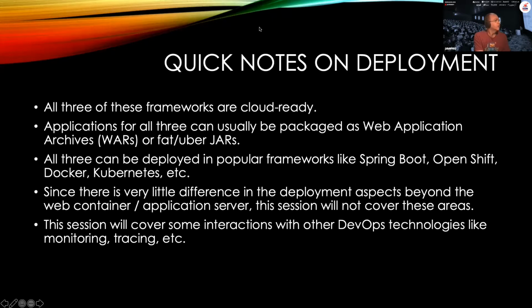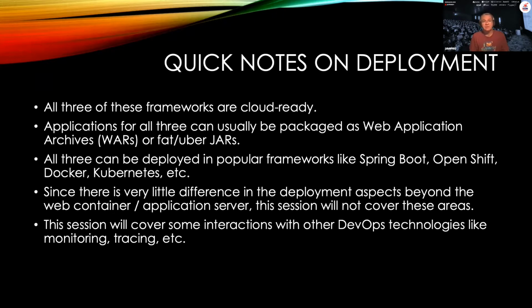So I do want to take a quick note on deployment. All of these are cloud native. So you can write your application for Micronaut, Spring MVC REST, or JAX-RS and deploy to the cloud without issue. And there's lots of documentation out there for all three on how to do that. So I'm probably not going to cover a lot of that in this session.